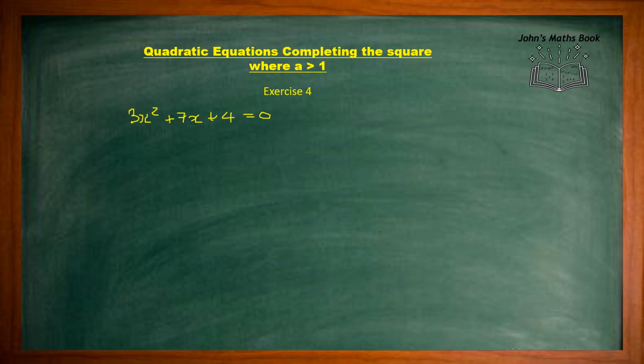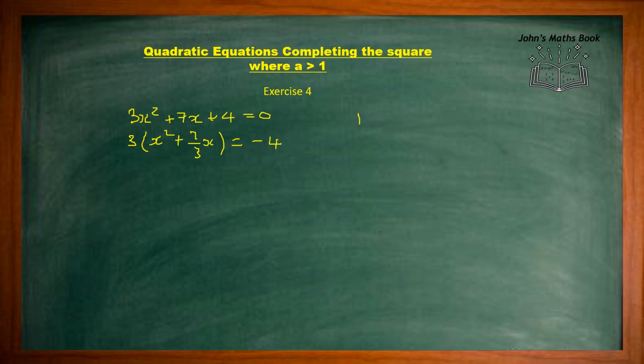So let's make the coefficient of x squared equal 1. So we can do that by taking 3 outside the bracket. x squared plus 7 divided by 3 x, and that equals minus 4. So we now need to complete the square within the bracket. So to do that, we half b and we square that result.